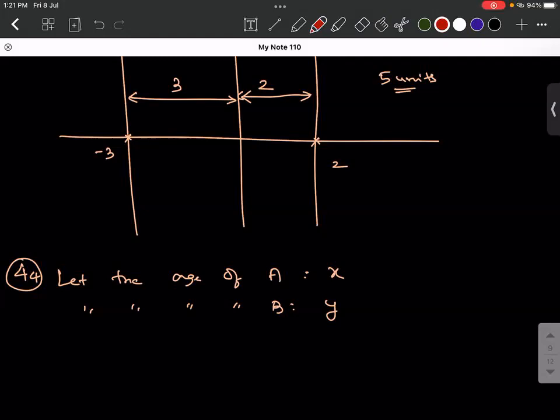A is elder to B by 5 years, so I wanted another variable. Now, for example, y is equal to x plus 5. A is elder to B by 5.